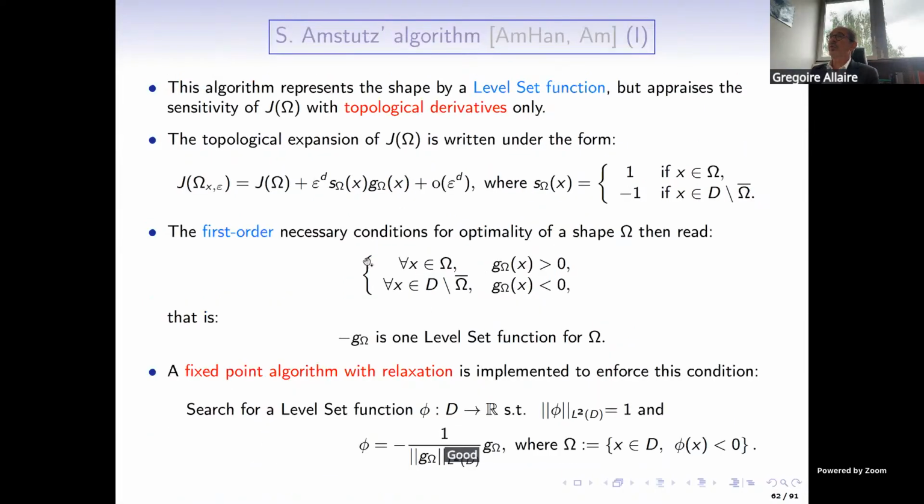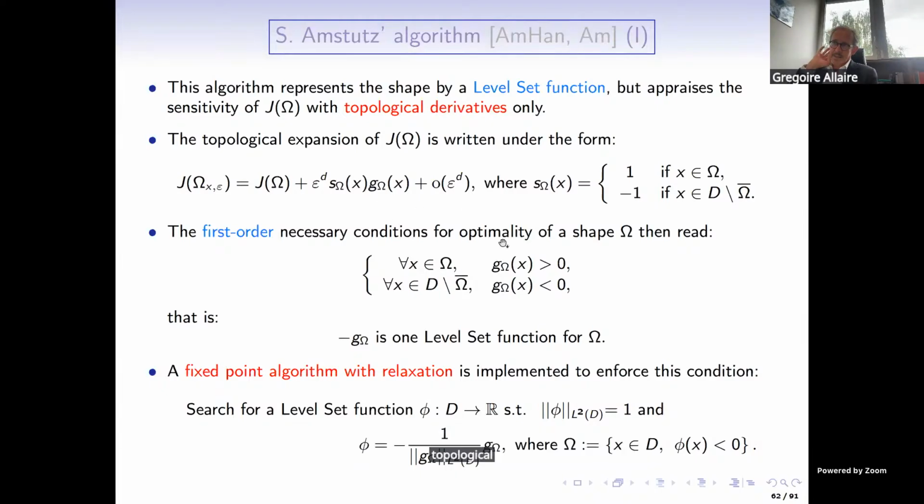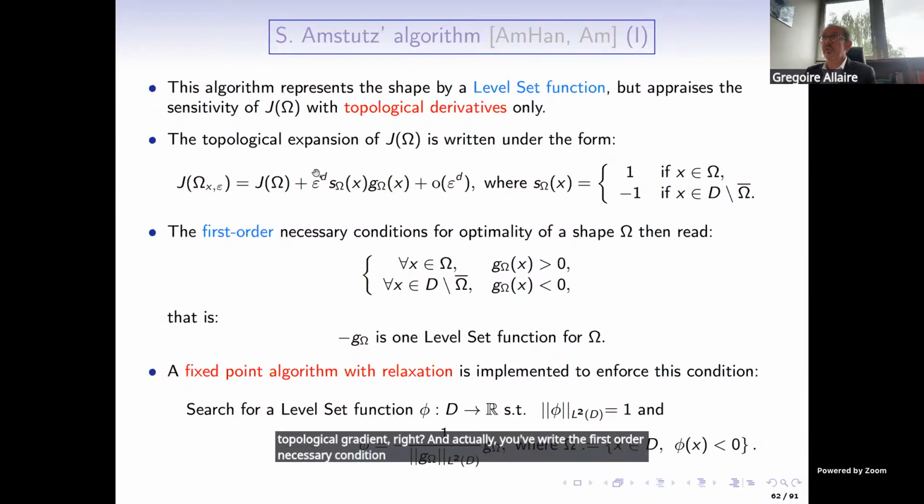Good. There is also a variant of the level set function, which was proposed by Samuel Amstutz and his collaborator, which is to use a topological gradient and then to define a different type of level set function, which is based on this topological gradient, right? And actually, you write the first order necessary condition corresponding to this notion of topological derivative.